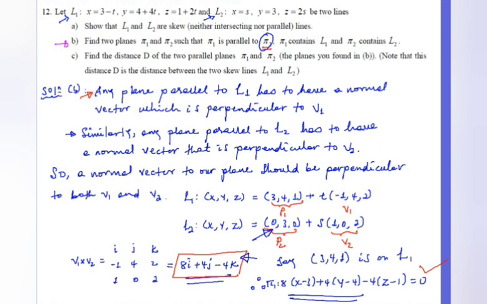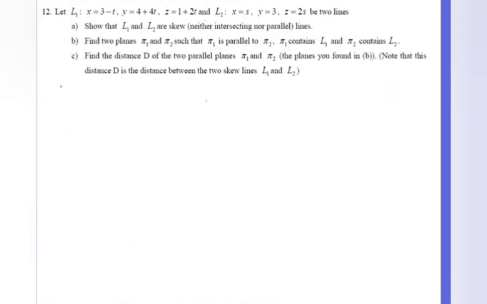Okay, so the last one is finding the distance between the two planes. To find the distance between the two planes, we need the formula for this specific case. In this particular example, we can use this formula. Actually, you can follow different ways, but this makes things short.